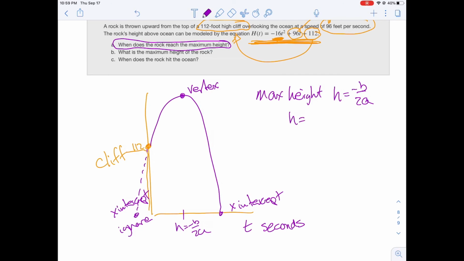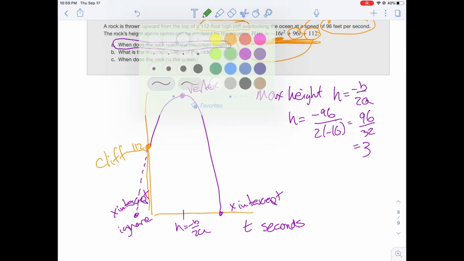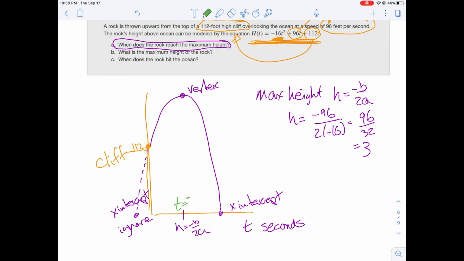So negative b over 2a is negative 96 over 2 times negative 16, which is 96 over 32, which is 3. So we know that this hits a maximum 3 seconds after you threw it.